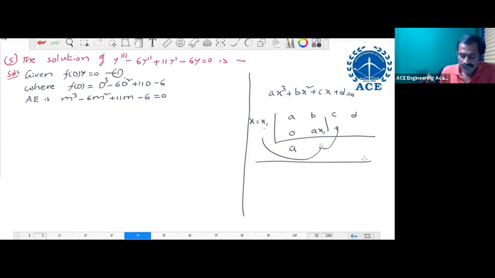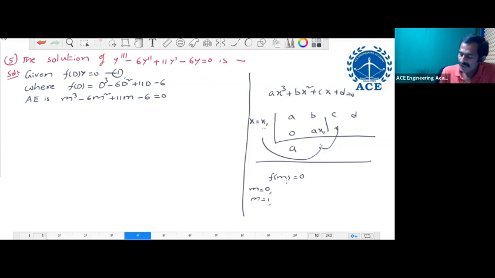Now, first we try to find one of the roots by the trial and error method. Our auxiliary equation is f(m) = 0. First, we substitute m = 0 and check whether f(m) = 0 is satisfied or not. If satisfied, m = 0 is one of the roots, and we stop there. If it doesn't satisfy, then we try m = 1. We check whether f(1) = 0 or not.